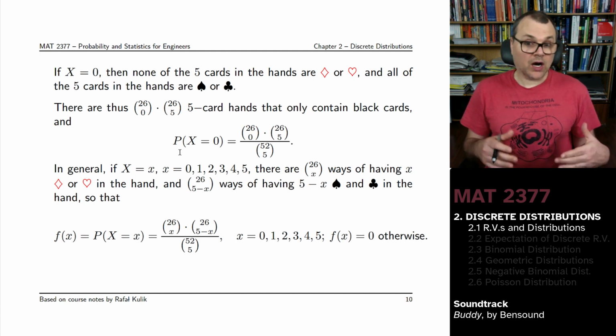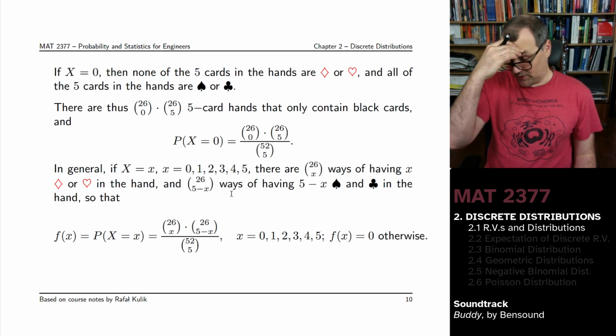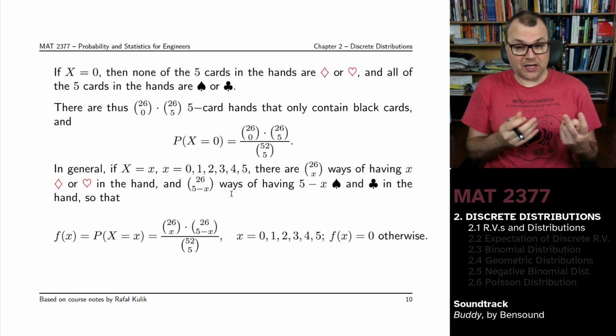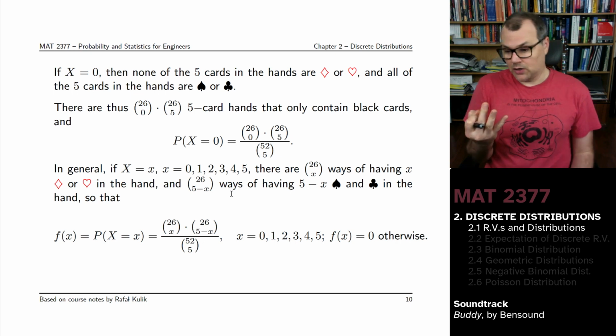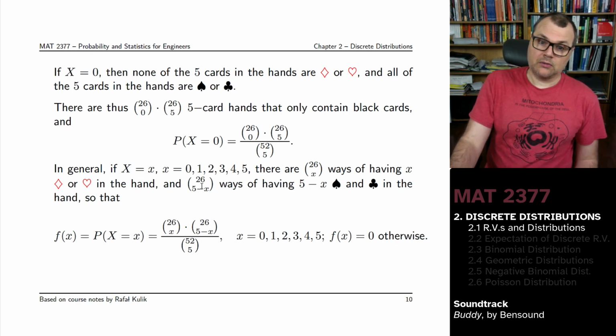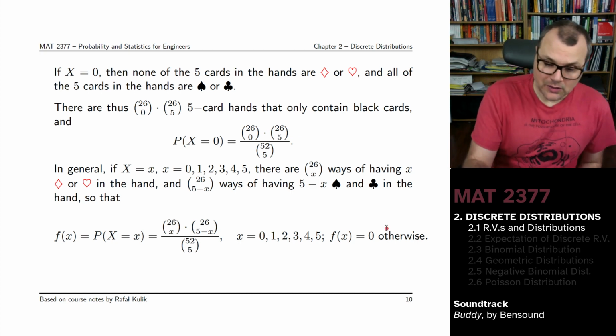Because if you have 2 cards that are red in your hand, well, there's 26 choose 2 ways of doing this, and that means that the other cards that are not the 2 red cards have to be black. If 2 of them are red, 3 of them have to be black, so you pick 3 from the set of 26 cards. Well, the general formula then would be 26 choose x times 26 choose 5 minus x. So in general, the probability of having exactly x red cards would be given by this expression.